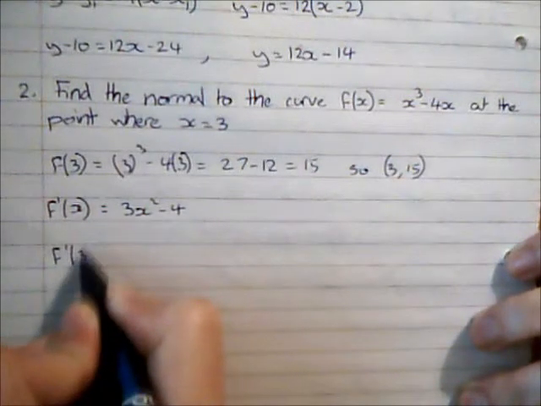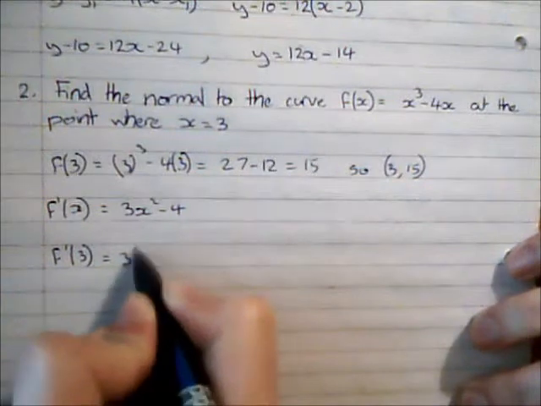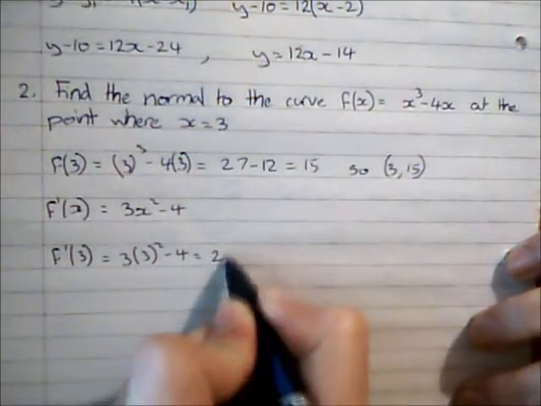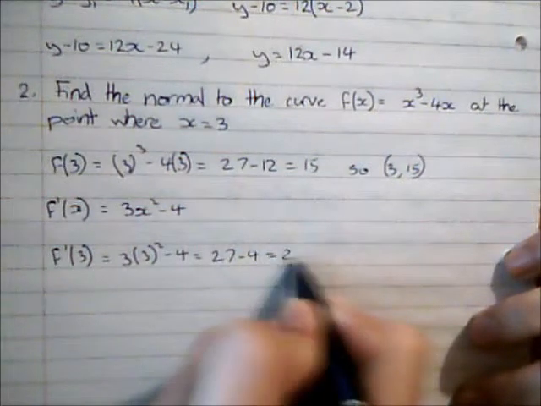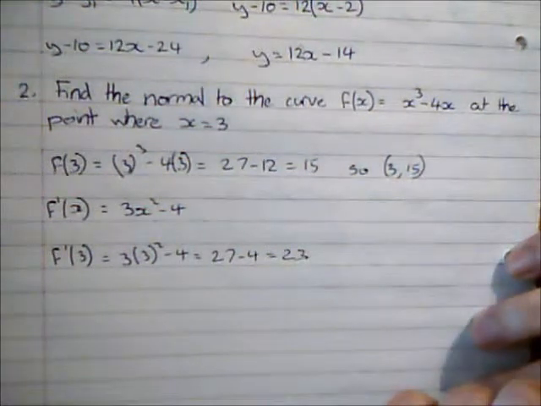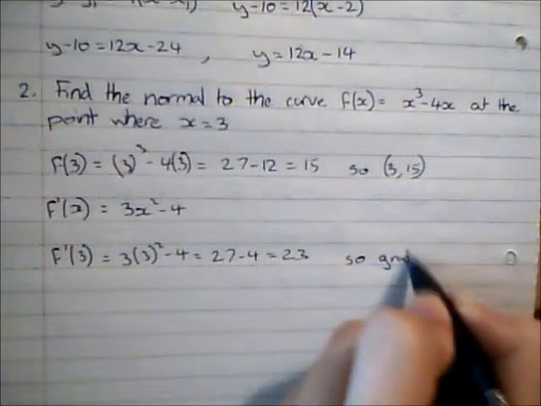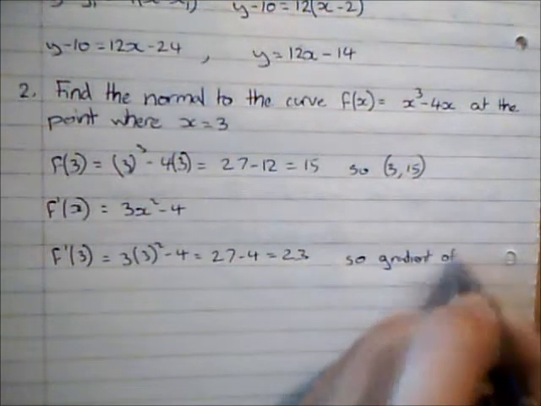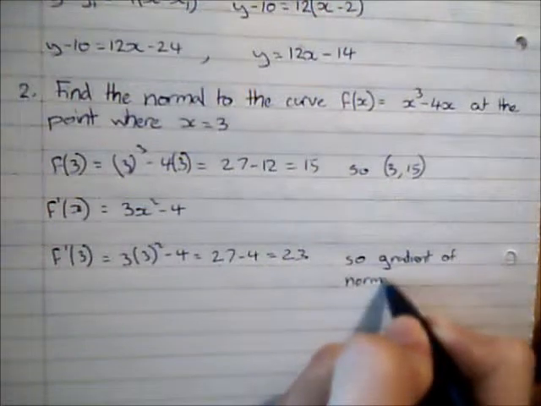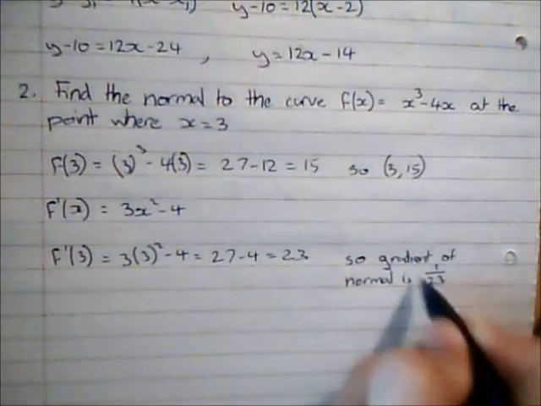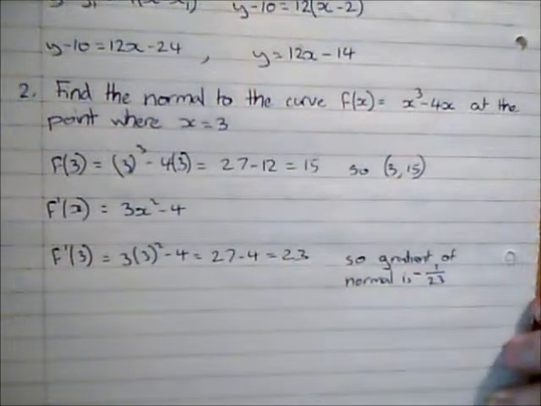And then I'm going to substitute in the x coordinate, and so that's given me 23, and I'm just going to record here that the gradient of the normal is going to be -1/23.